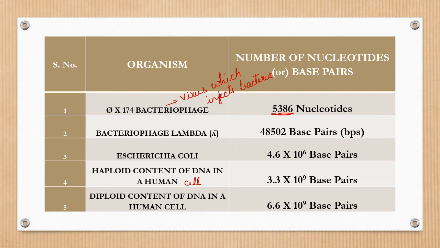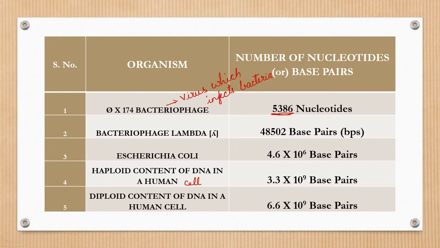Based on all this, as we were told on the previous slide, the number of nucleotides in DNA determines the length of DNA. So compared to this, the diploid human cell has the greater length.